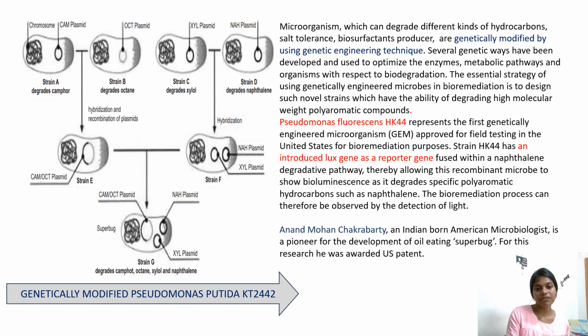Here I have included a picture that is an example of the genetically modified Pseudomonas putida KT2442. In this they have taken four different strains, strain A, B, C and D, each capable of degrading different compounds like camphor, octane, xylol and naphthalene. They isolated the genes responsible for the degradation and then used recombinant DNA technology.